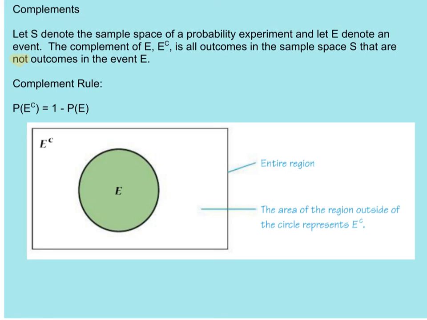So the complement rule, the formula for it, the P of E complement, probability of E complement, is 1 minus the probability of E. Okay, so visually where that's represented in the sample space is out here. All the stuff in the white represents the complement of E. As human beings, we have an built-in understanding of the complement when we talk about probabilities or when we talk about percents.